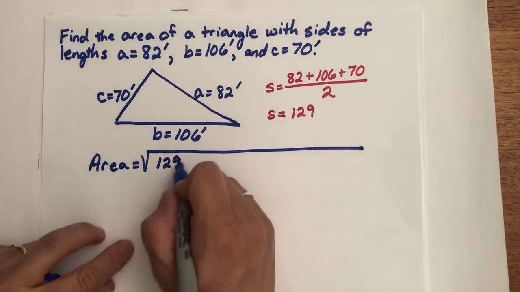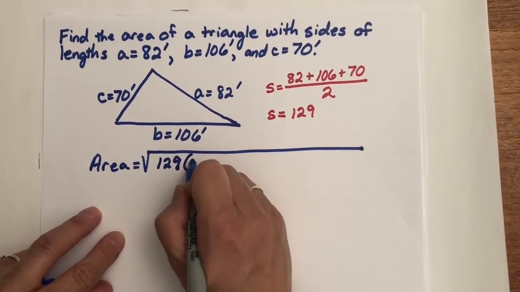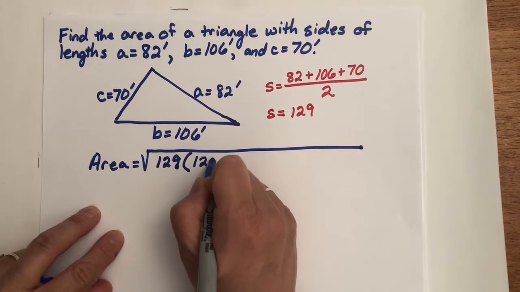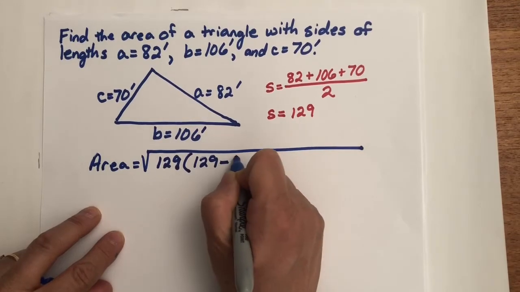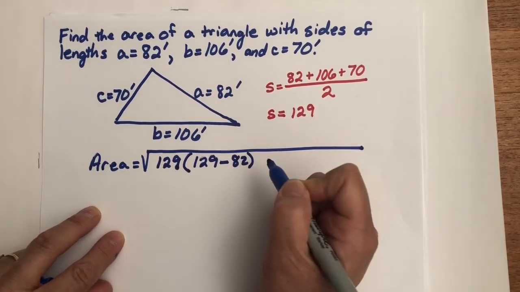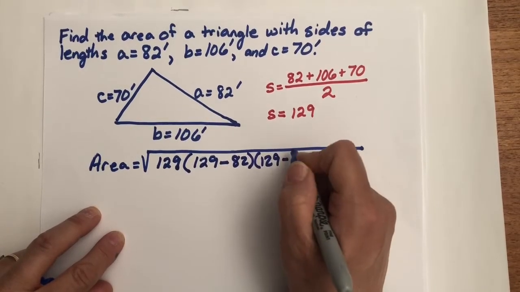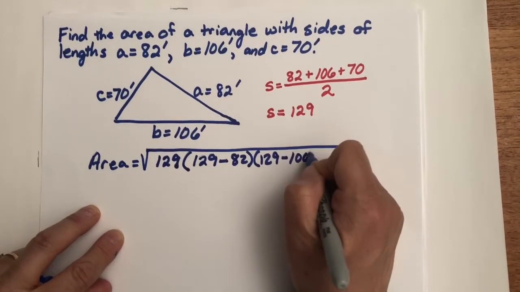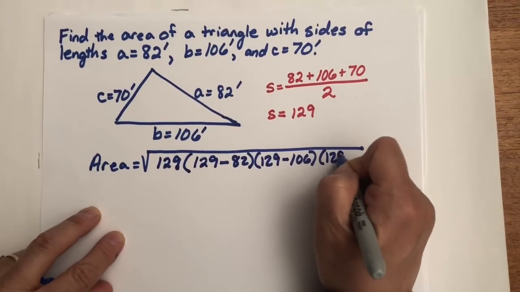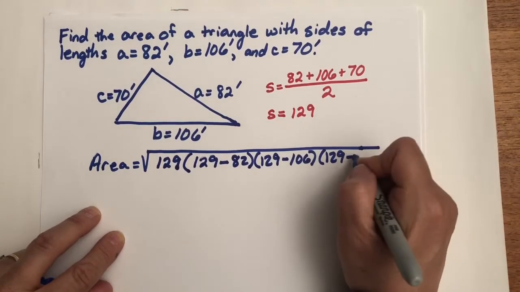So we have 129 times (129 minus a) times (129 minus b, which was 106) times (129 minus c, which is 70).